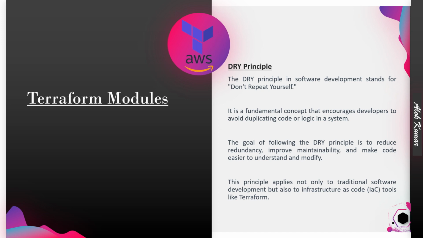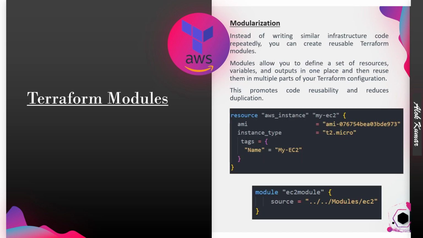And we can convert the resources that we think we can utilize in different projects into modules. So instead of writing similar infrastructure code several times, you can create reusable Terraform modules.